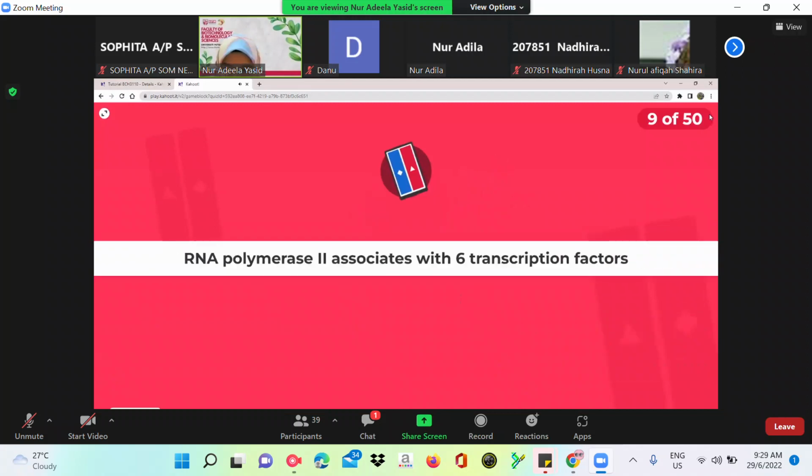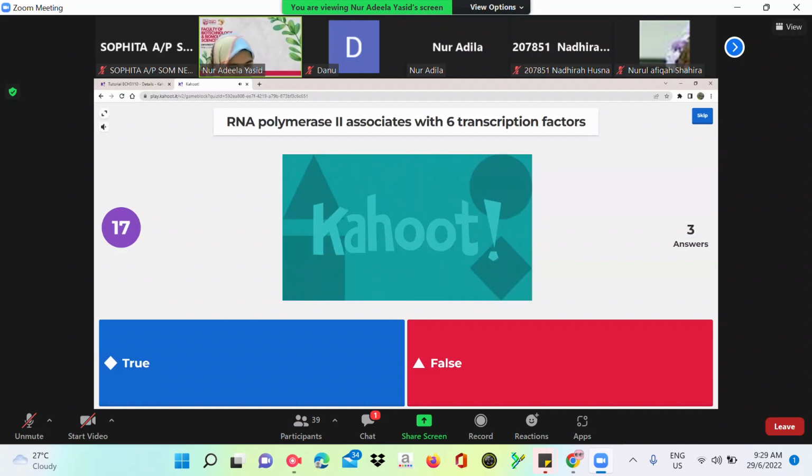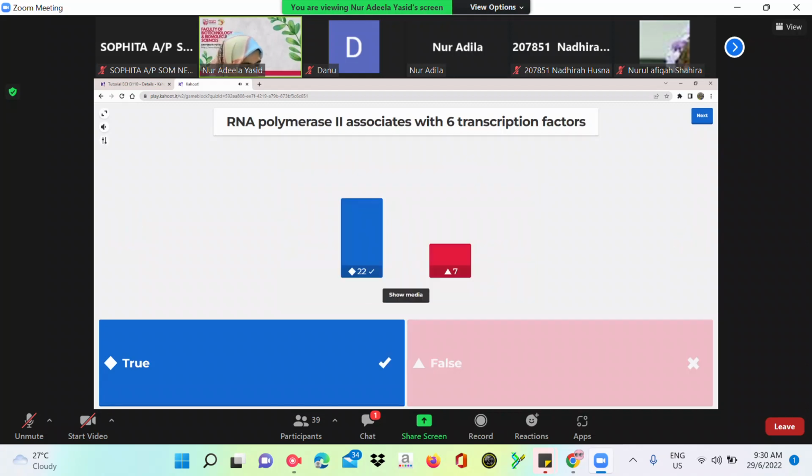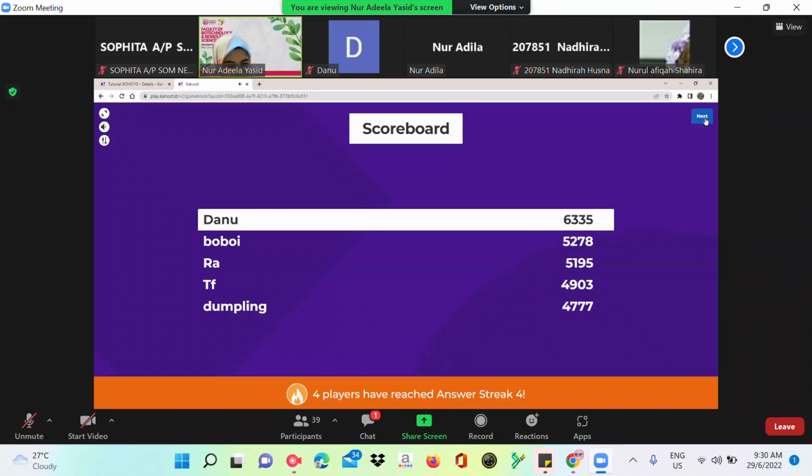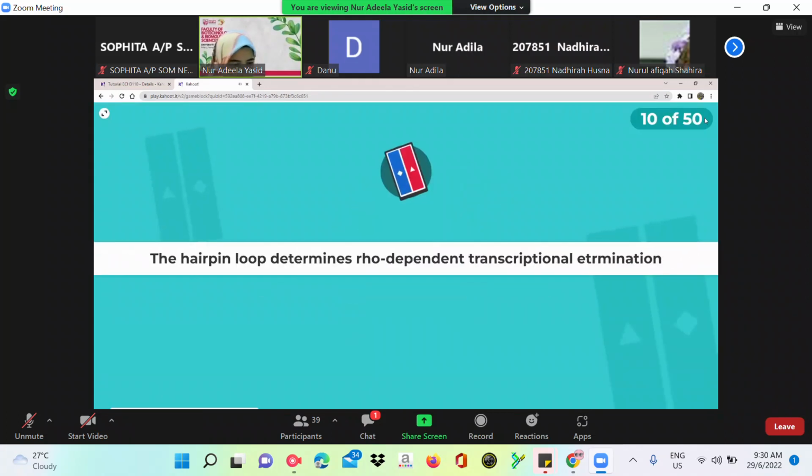Another true or false? Senang je ni. Saya mengharapkan 100% jawab. Betul? Yes, RNA polymerase 2 has 6 transcription factors. All right, so next, another true or false.